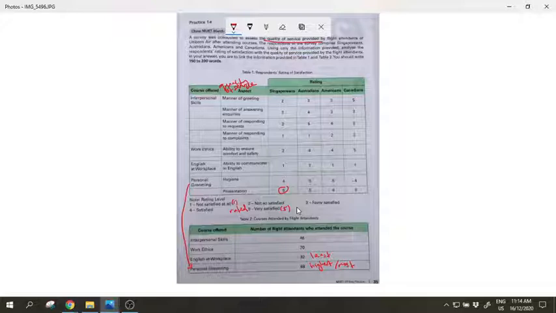Then you can see English at workplace. Not many people attended the course, only 32 of them. So those people who didn't attend the course, of course, didn't get very good ratings. Generally, for ability to communicate in English, they got not satisfied ratings.